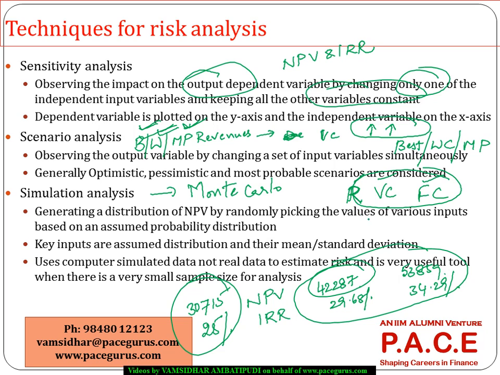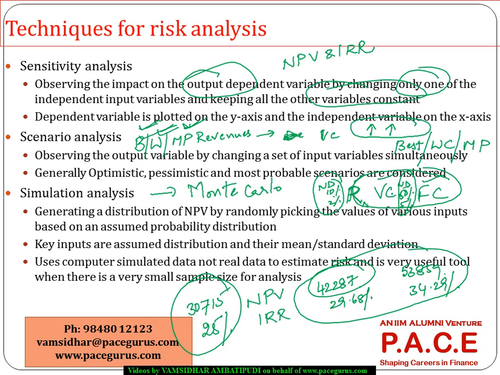So let's say revenues may follow a normal distribution with a mean growth of 10% and a standard deviation of growth of 2%. This is what I will consider for each of these. Variable costs may also follow a normal distribution with a mean of 50% of the revenues and a standard deviation of around 5%.